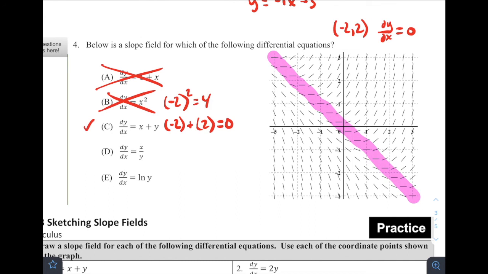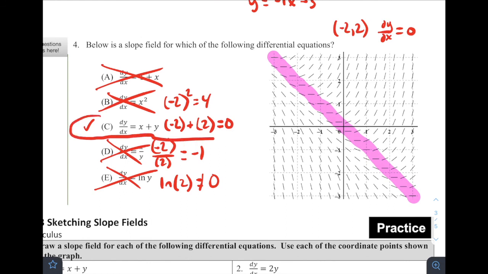Here, -2 divided by our y value of 2 gives us -1. That's not 0, so that's not going to work. And here, the natural log of 2 does not equal 0, so that's not going to work either. So the only one that can possibly work would be C.